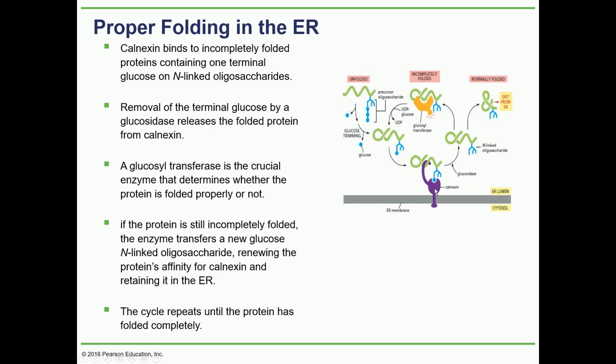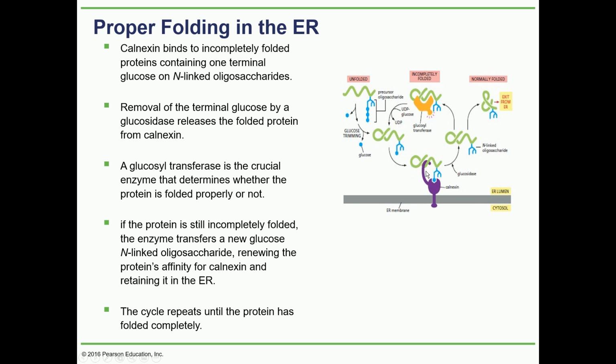The proteins which are incompletely folded have one terminal glucose on them, and that terminal glucose is added on the incompletely folded proteins by the enzyme called glycosyl transferase. This terminal glucose is a signal for the recognition by calnexin.